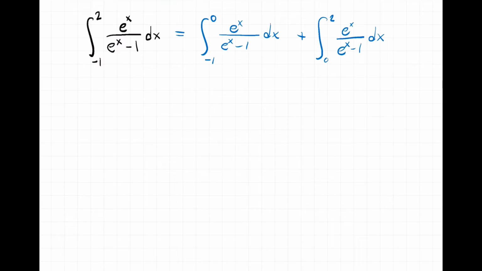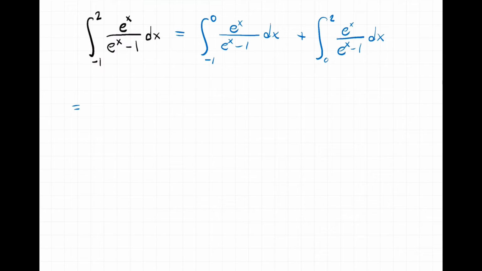Now we have two separate improper integrals of type 2 in which one of the bounds is the problematic value, the place where the function is undefined. So now we can write this as two separate limits.